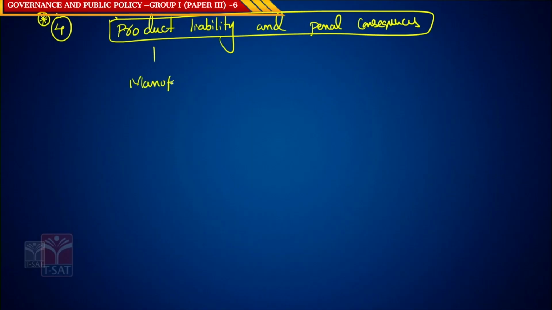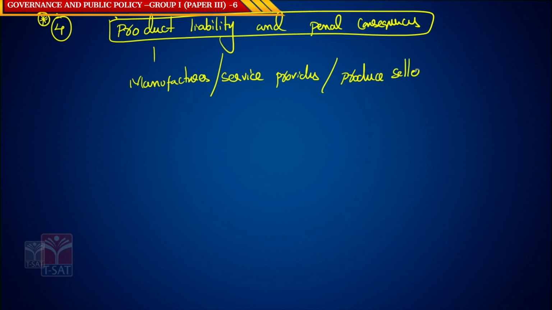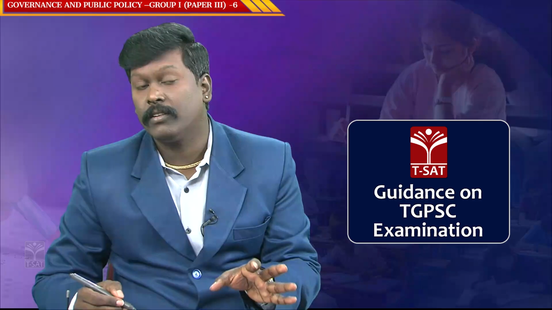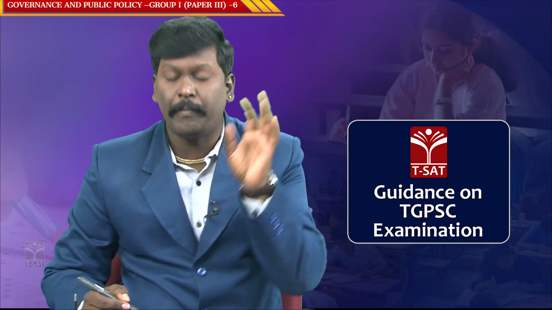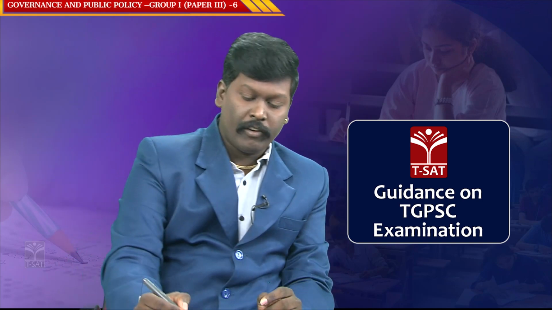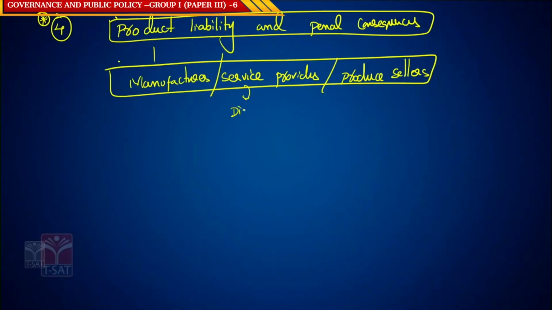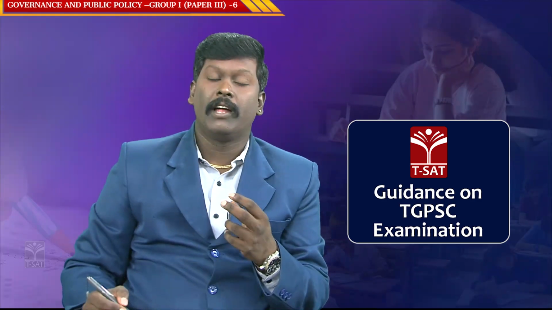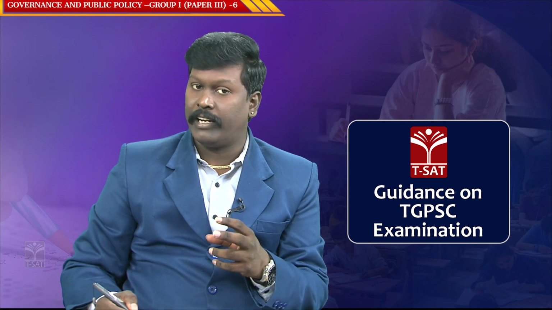Manufacturers, service providers, and also the product sellers, all are made liable under this act. Anyone, if there is any wrong with respect to any person, is liable to pay the fine. There is no other way to escape. Service providers, we can say the distributors, the retailers, the wholesalers. So, this is the fourth feature of the Consumer Protection Act of 2019.